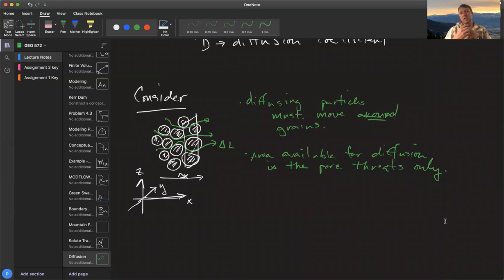So this leads to a couple things. In free water, we have a diffusion coefficient.